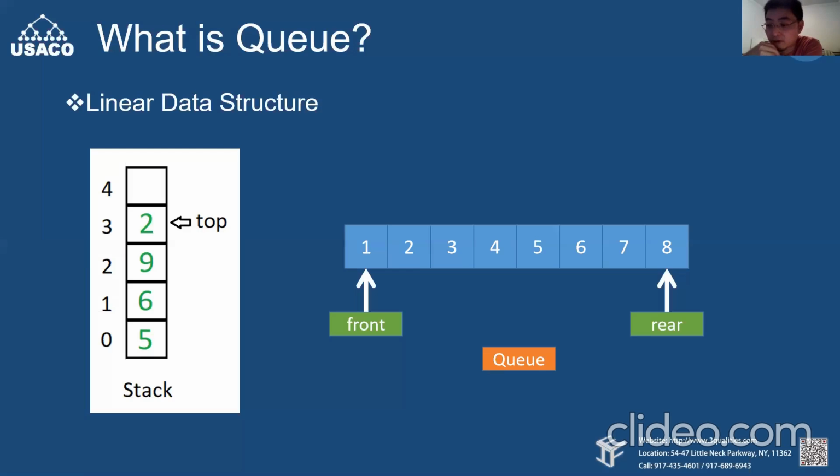Yes, very good. Louis, remember it: last in, first out. So here we have a similar one for the queue, but I want you to make a guess. What is the similar character for the queue?